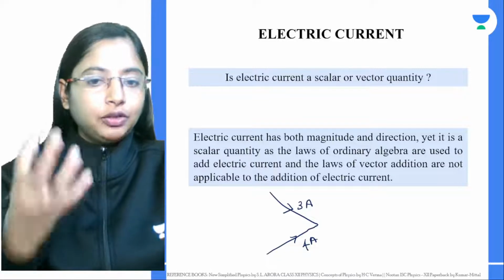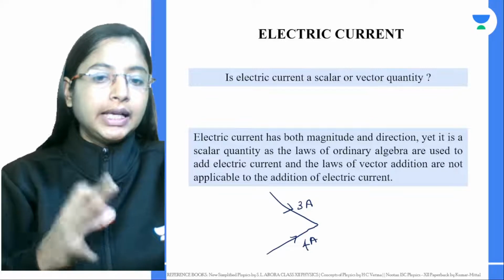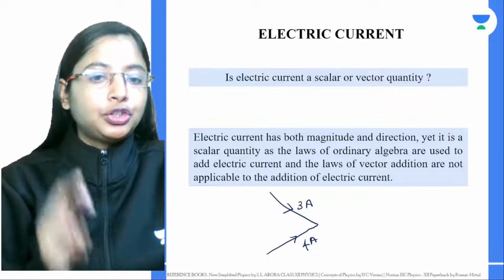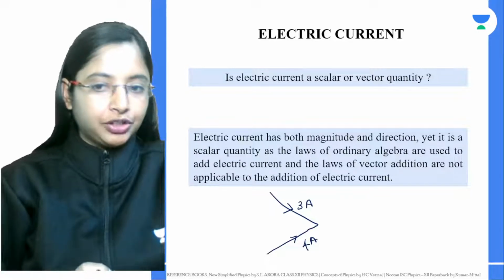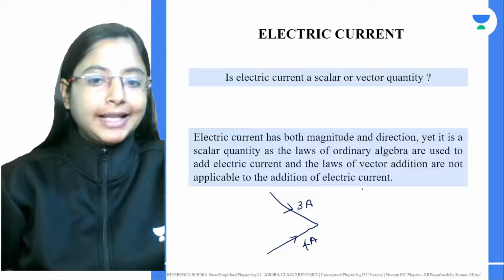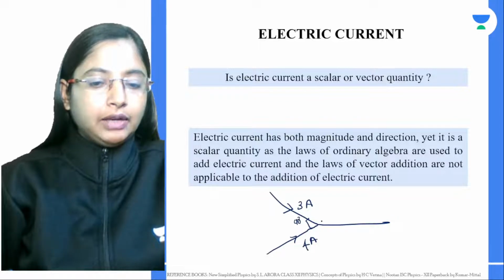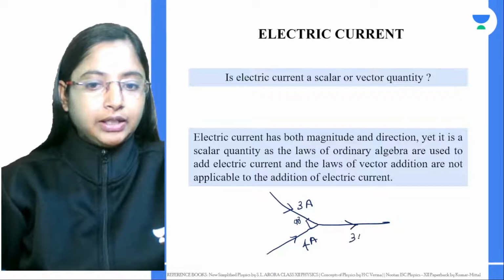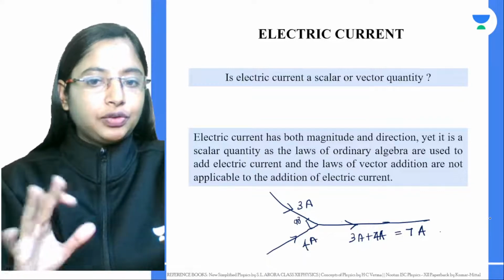So it has a magnitude, 3 amps and 4 amps, and we are giving a specific direction also. If this is the case, then you should be able to apply the laws of vector addition. But experimentally, when you measure this current over here, what you will get is 3 amperes plus 4 amperes; your meter will actually read 7 amperes of current flowing.